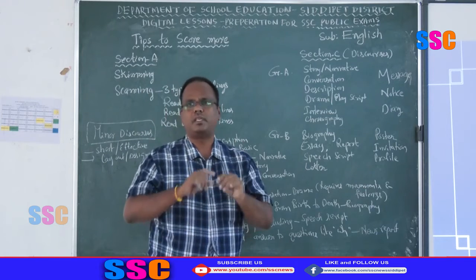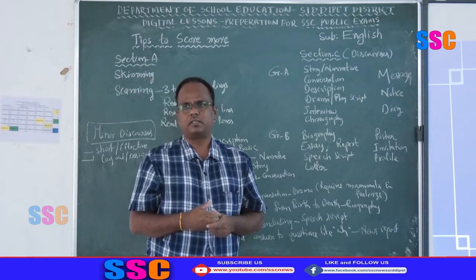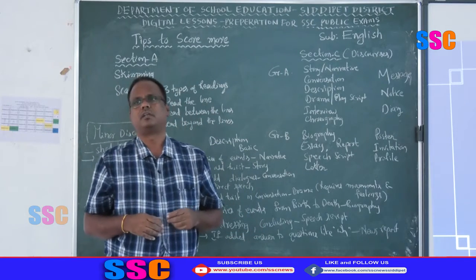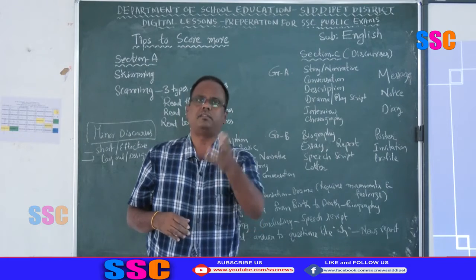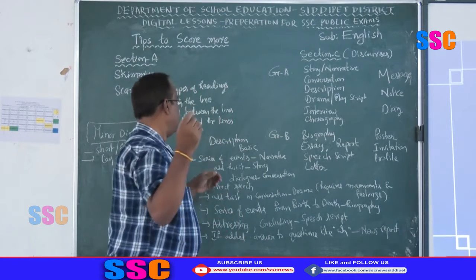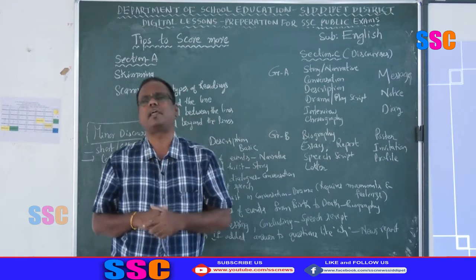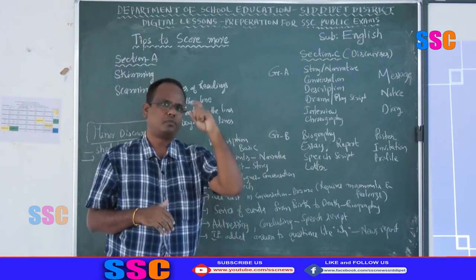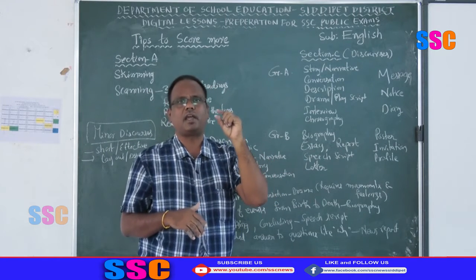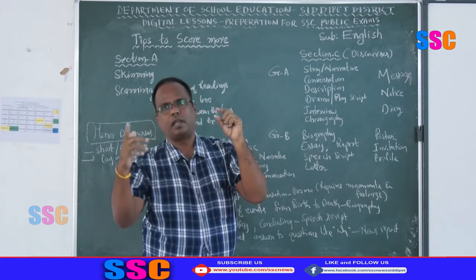Description is nothing but to describe in detail. It may be about a person, a place, an occasion, an incident, or any subject. If you describe a series of events, that becomes narrative. So once you are perfect in writing description, you can easily migrate to narrative.